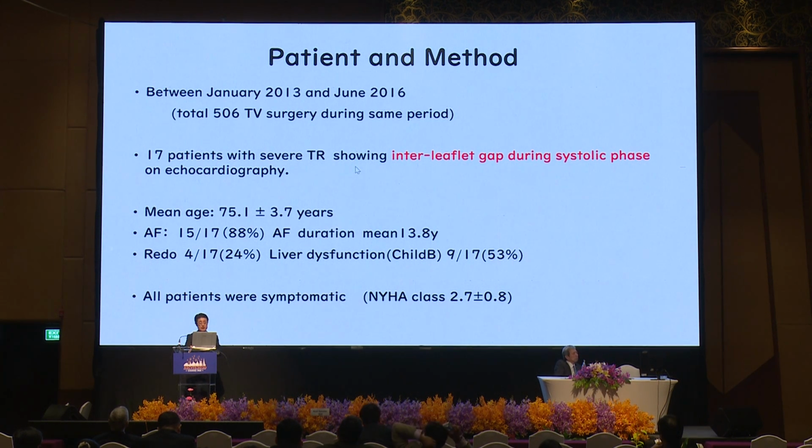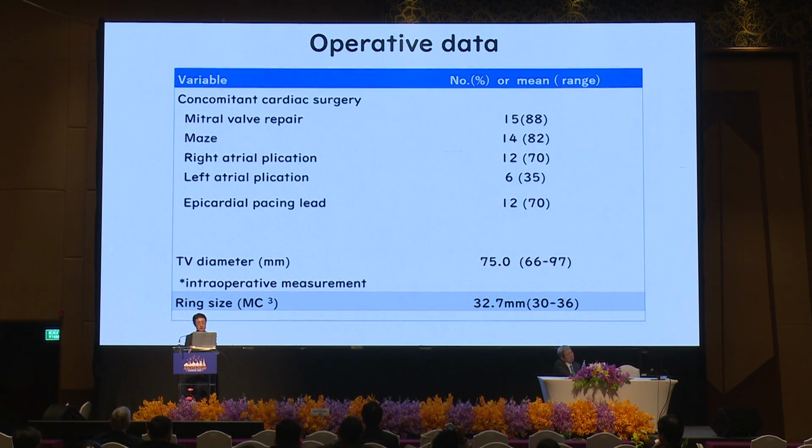All patients had severe TR with interleaflet gap during systolic phase. They tend to be senior people. The AF is quite common, with long AF durations, a mean of almost 14 years. Half of the patients had cardiac origin liver cirrhosis, Child B, and of course, those are quite symptomatic.